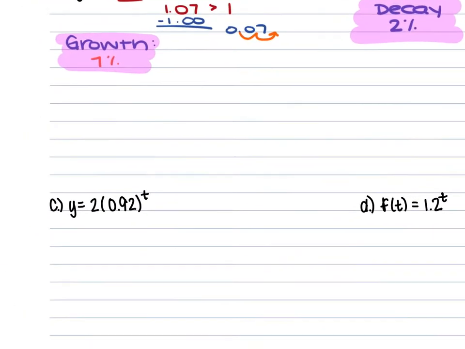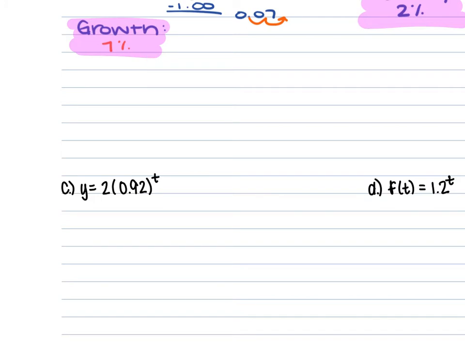For C, we have y is equal to 2 times 0.92 to the power of t. So that number that's inside the parentheses that's being raised to the power of t is less than 1. So this is going to be a decay. Next, we find the percent.